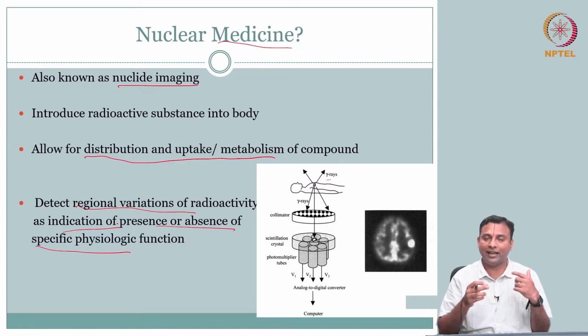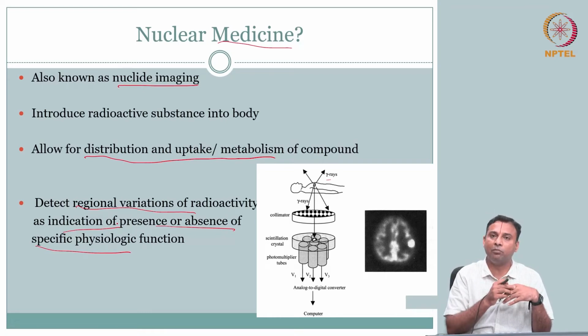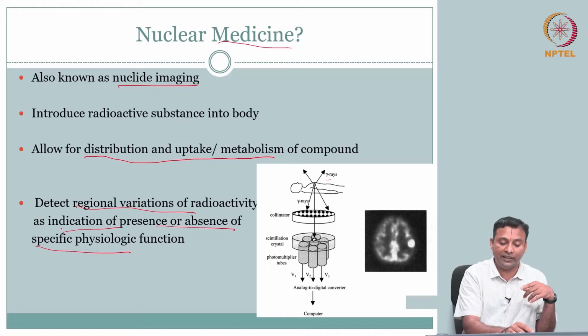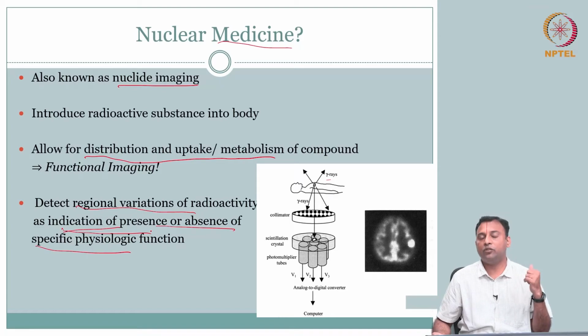Here, on the other hand, we are not really interested in the attenuation or what is the mu or anything. Here, the activity is coming. Our objective is to say where that activity came from, because that activity is indicative of some action. So this is functional imaging. This is the key. This is very important, functional imaging.